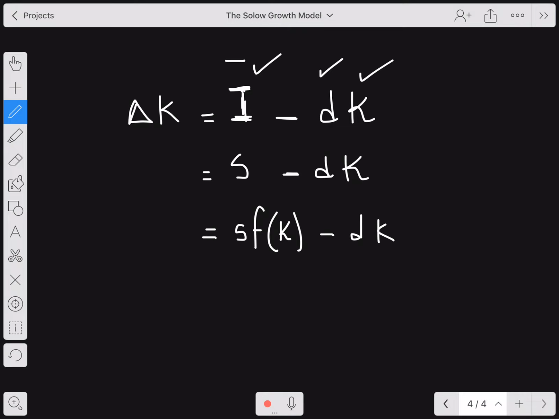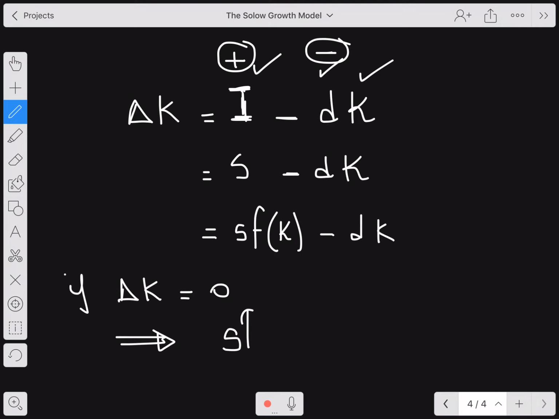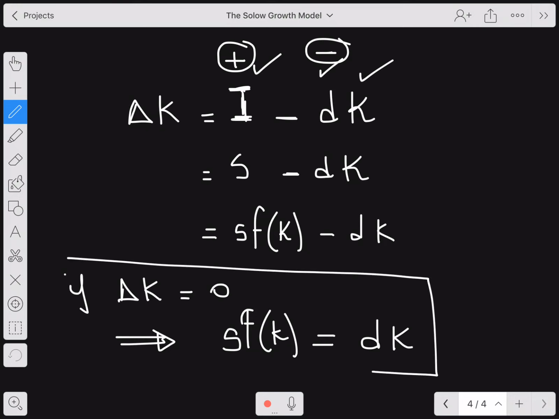We have a positive force on this side and a negative force on this side. The equilibrium between these two makes the change in capital equal to 0. If the change in capital is equal to 0, this implies that whatever I add in this economy is equal to whatever I subtract, and this is basically what we call the steady state.